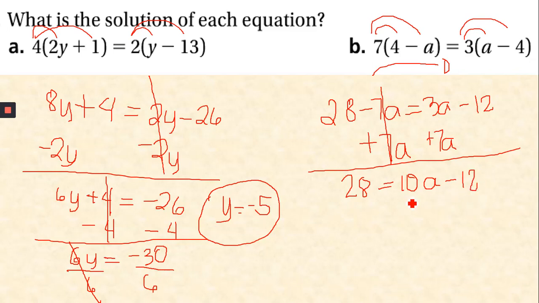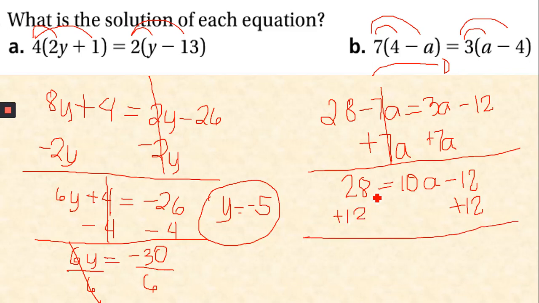Again, we're going to isolate here A. So, we're going to get rid of negative 12. And we need to get the opposite. And what is the opposite? It is positive 12. So, we're going to write positive 12 on both sides of the equation.